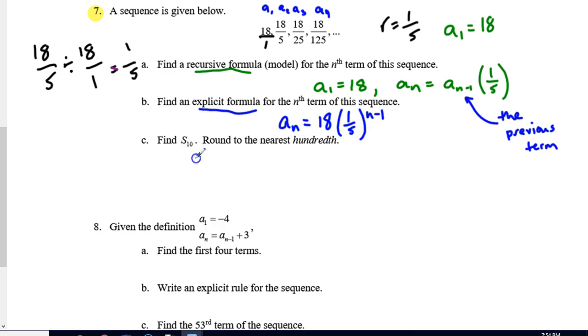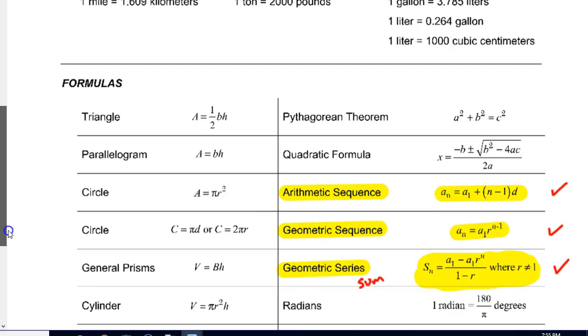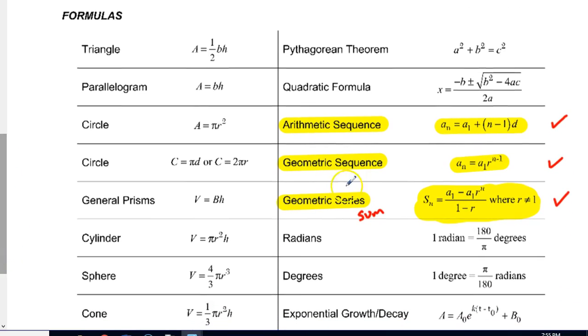Finally, it says, okay, find the sum of the first 10 terms, s sub n. Well, that's going to necessitate the formula, but we have it over here again. So the formula says your first term minus the product of your first term times r to the n power, all over 1 minus r.